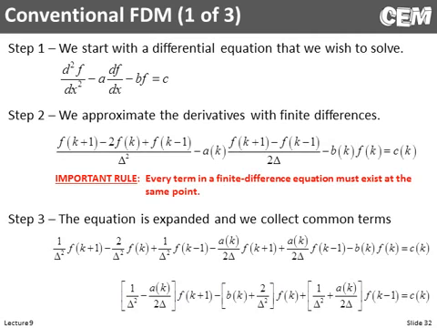The next step, which can be very tedious: we have, for example, an f at k minus 1 and another f at k minus 1. So we need to expand this equation and collect all the coefficients on the common terms of f. If we work through all that algebra, here's the expanded equation. We collect all the common terms, and we end up here.